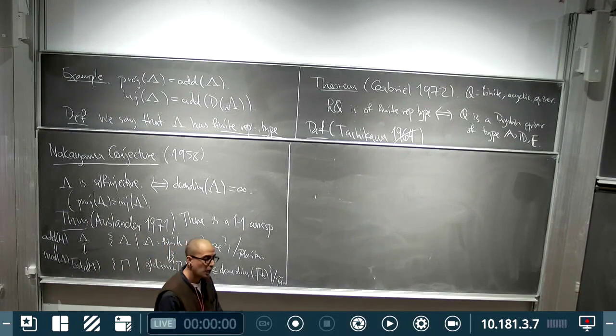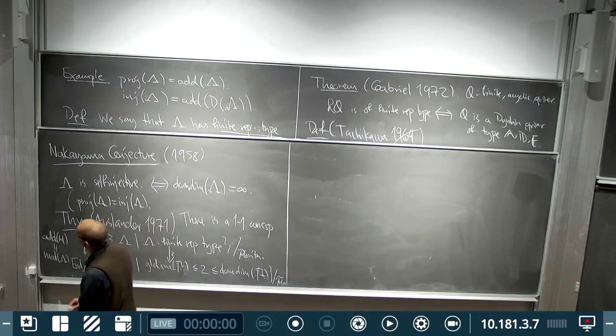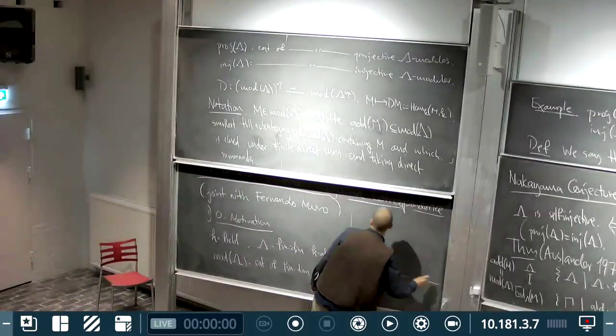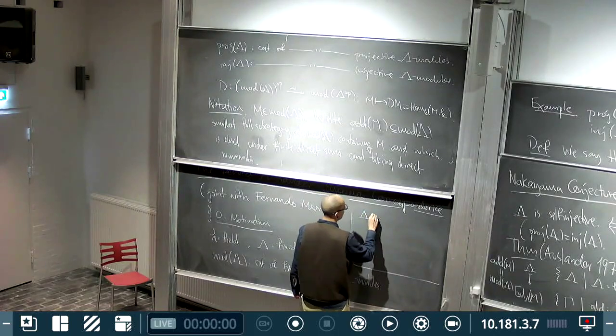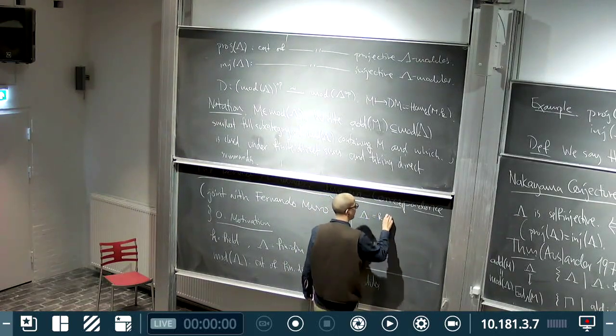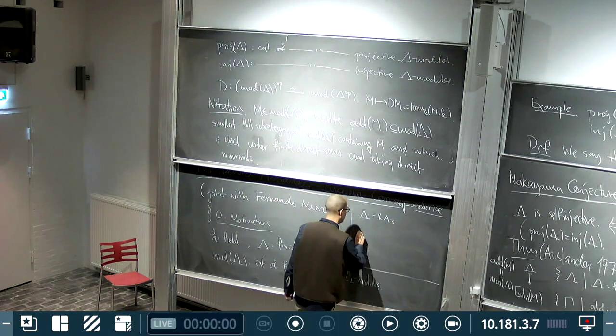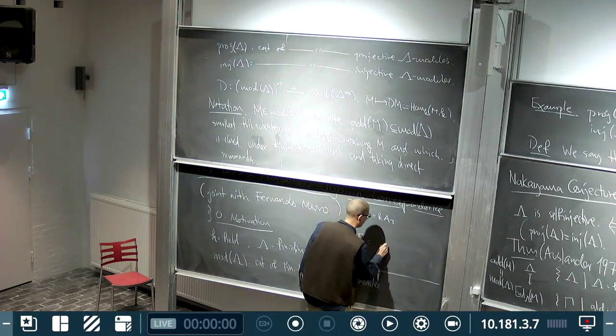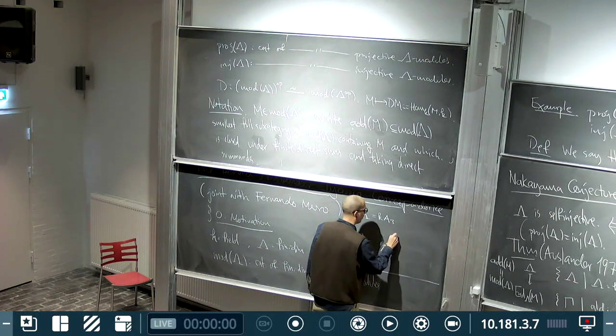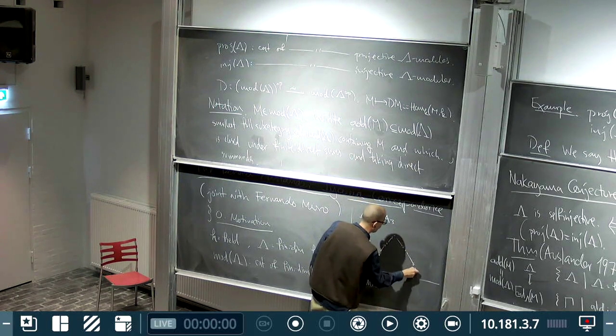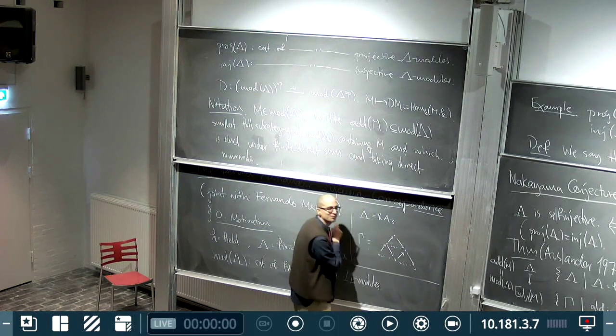Can you give a simple example of gamma? Of gamma? Let me put it here. So if you put lambda the path algebra of A3, then gamma is the path algebra of the following quiver with these relations.